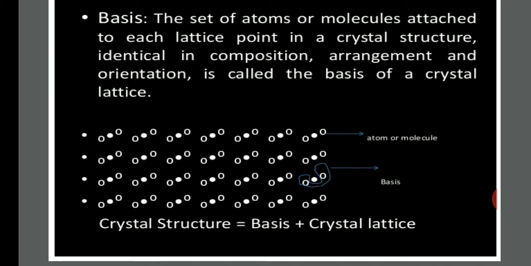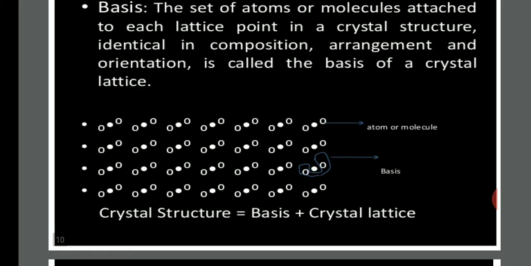In these figures, the atoms or molecules shown here indicate the basis. So lattice plus basis gives you the crystal structure, and each lattice point with attached atoms is called the basis.